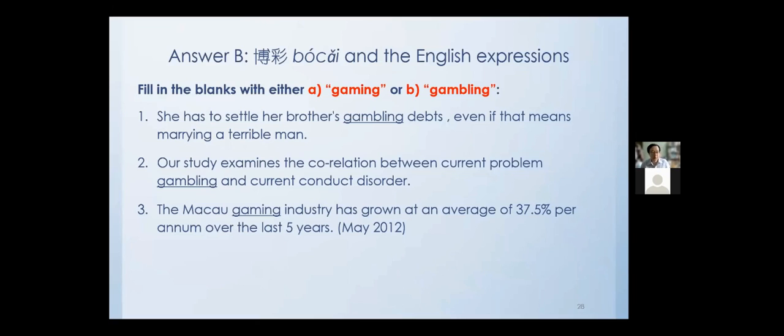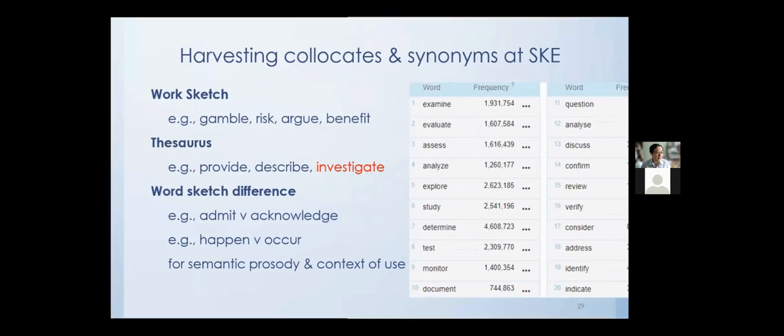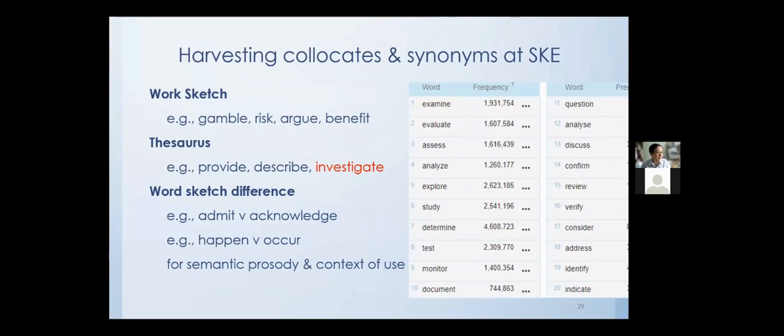So I hope that I've shown that with corpus evidence we can sort out some problems with word use. And there are some other things we can use with Sketch Engine, thesaurus, and word sketch difference, etc. I will not go into details.